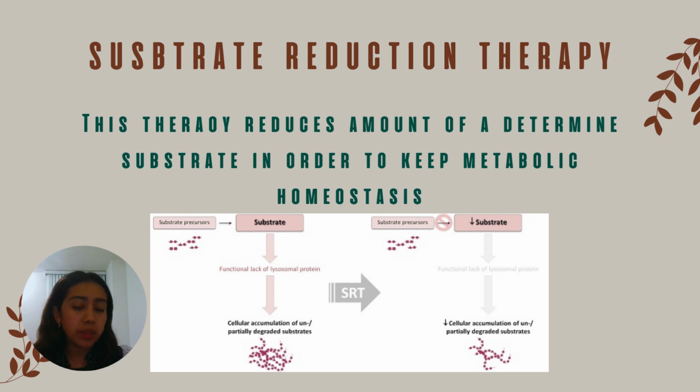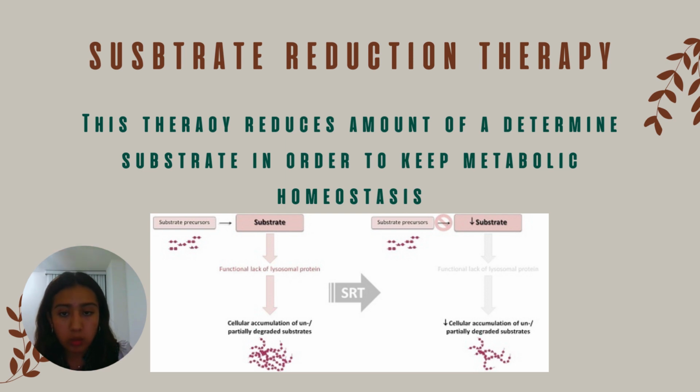Substrate reduction therapy reduces the amount of a determined substrate in order to keep metabolic homeostasis. Substrates are molecules that bind specifically to certain enzymes. It could be in the active site or in an allosteric site.